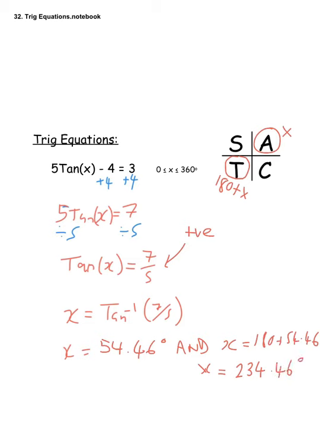Okay, so that's our two solutions for this one. Using the cast diagram, we've used the 180 plus x and the x in the first quadrant. Remember, if you're using sine, it is 180 minus x, and if you're using cos, it's 360 minus x.